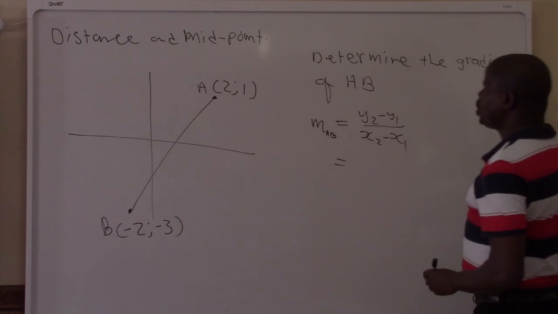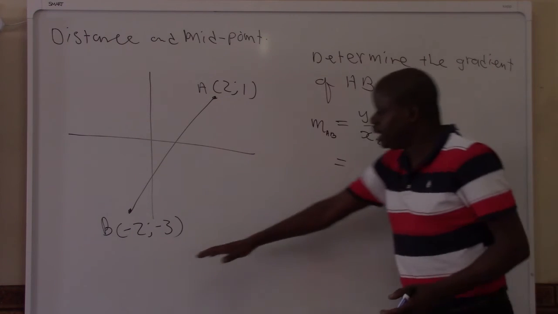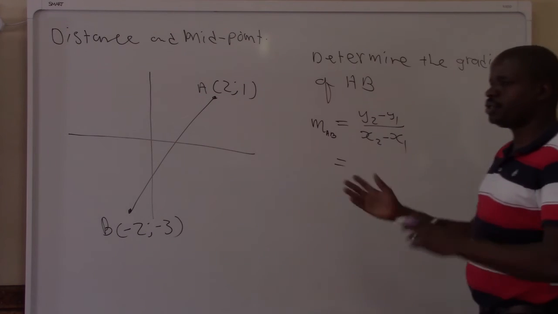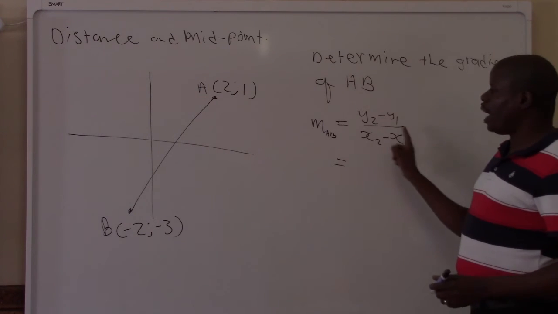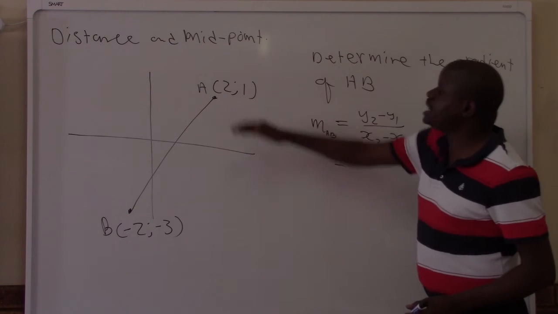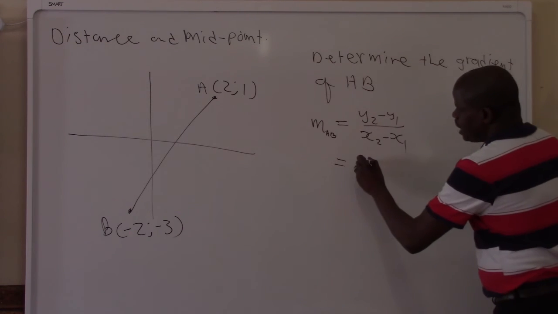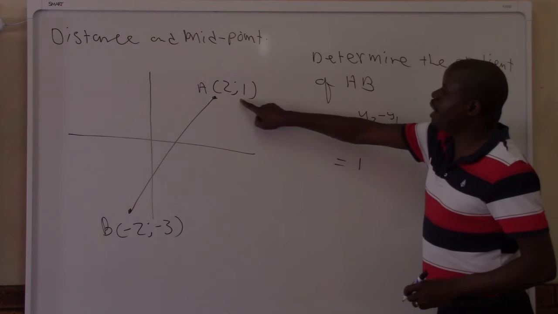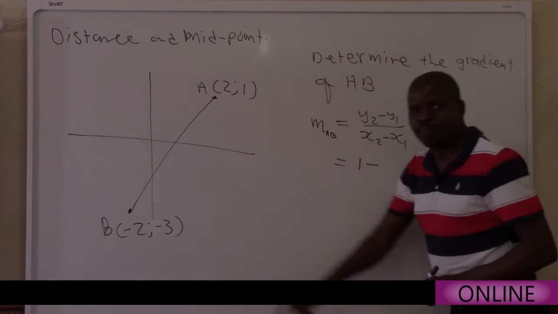And then that change in y, again, we can change for now. We say this is the first point, this is the second point, so that we see how these things are working out. So here, we are starting with the y values. So if A is our second point and B is our first point, it means that we will say 1, because the y value at A is 1 minus the y value at B is -3.